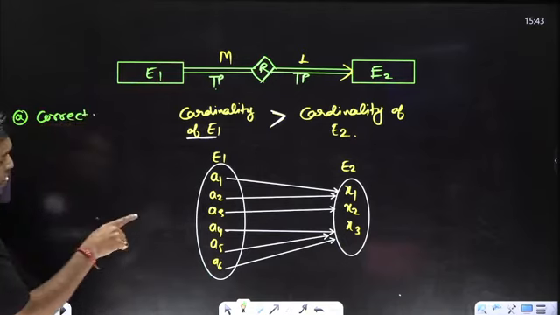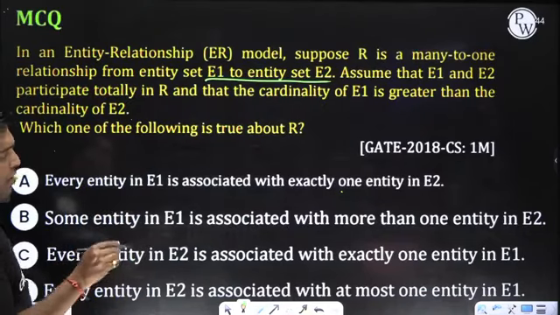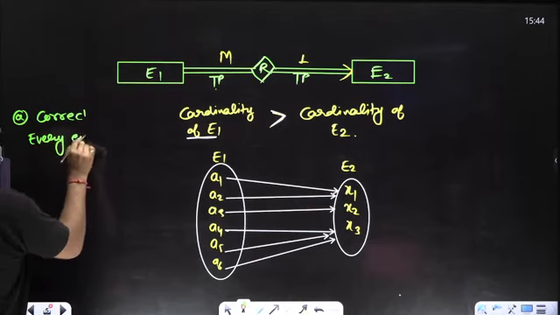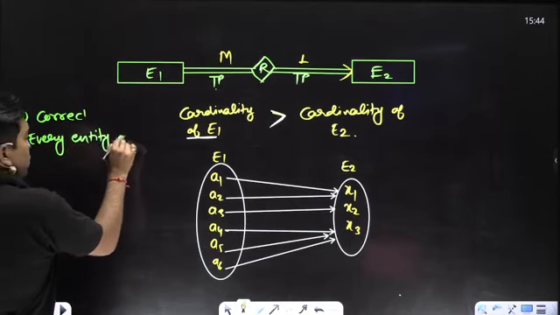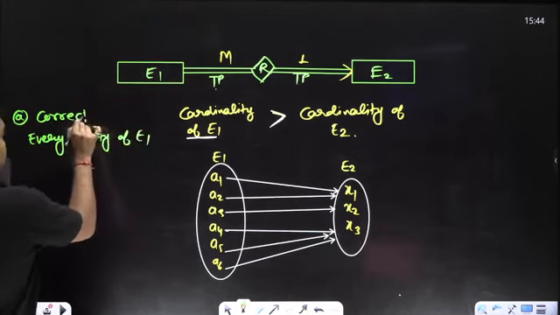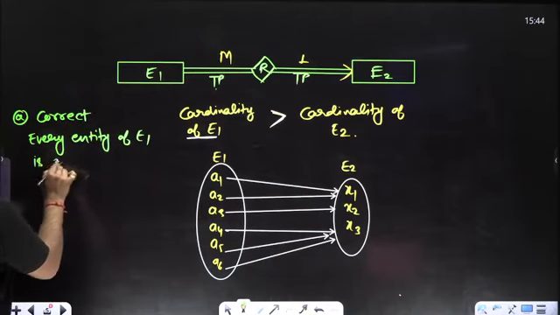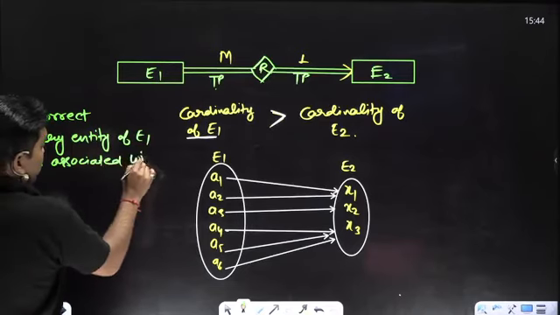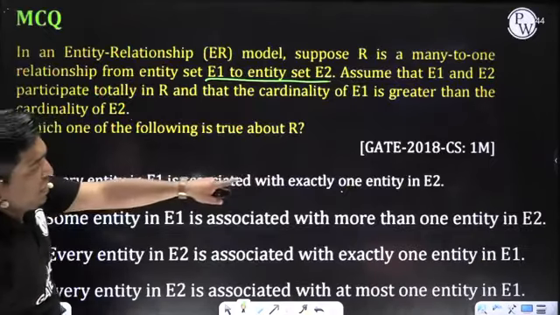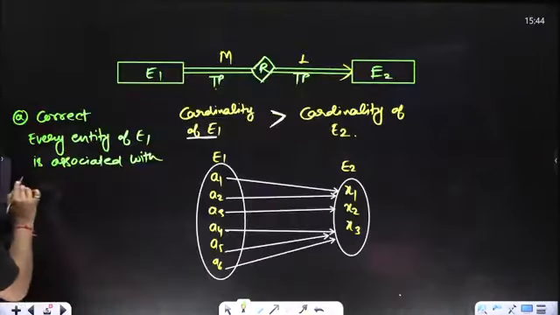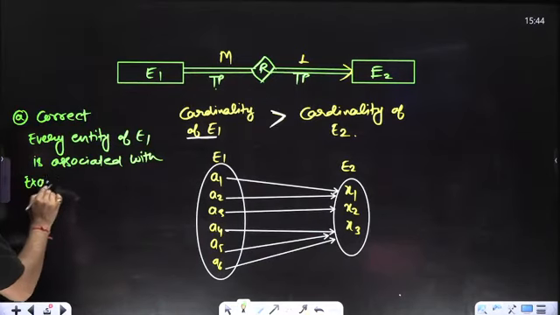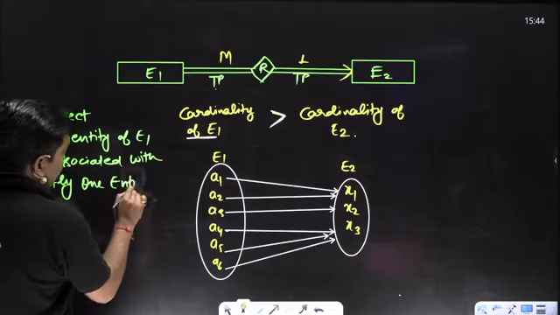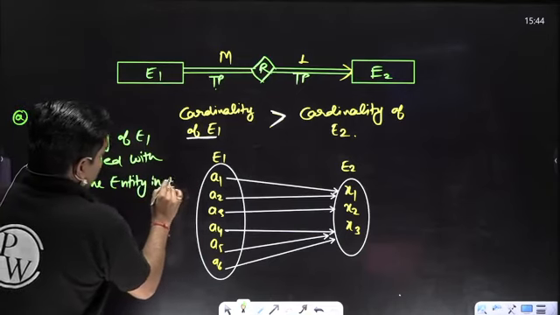Because every entity of E1 is associated with exactly one entity in E2.